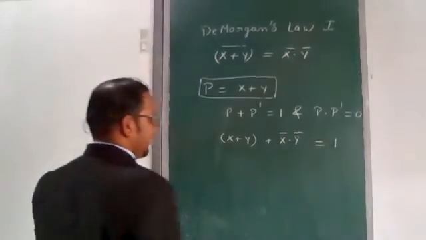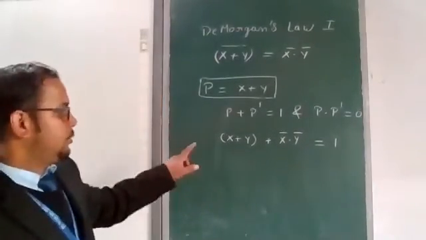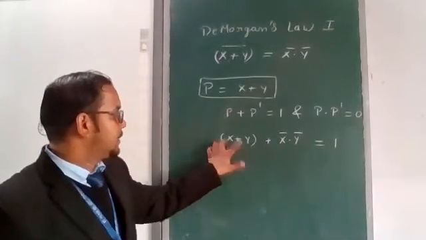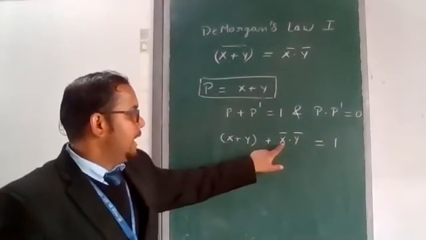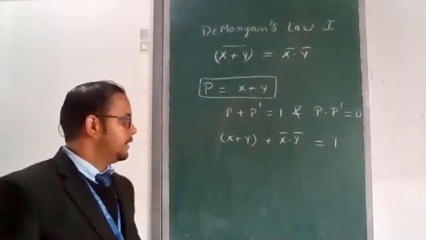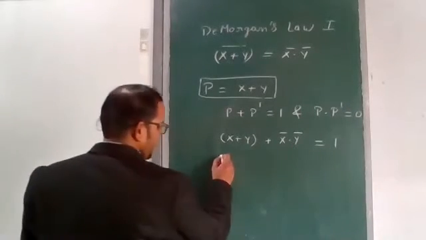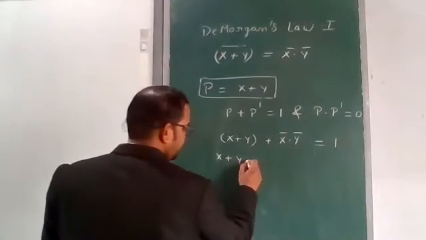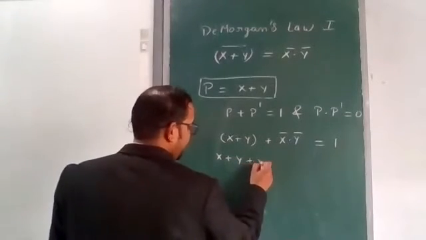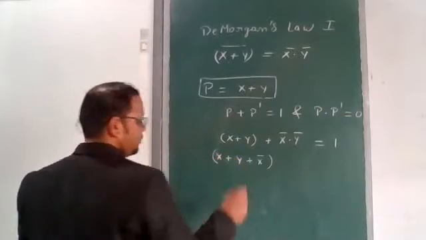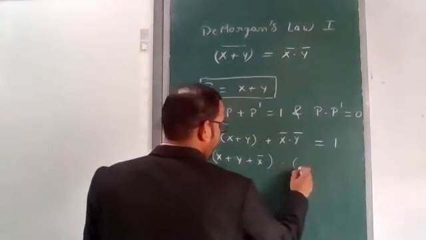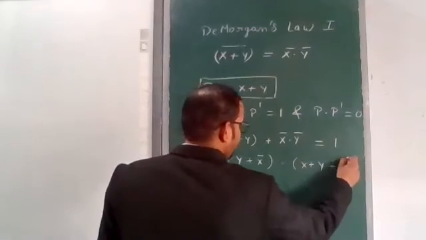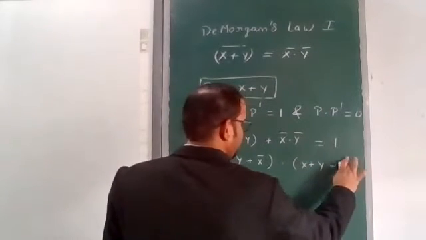Now solve this by using the distributive second law. X plus y, this is the first value of p, plus x complement dot y complement. By using the distributive second law, it becomes (x plus y plus x complement) dot (x plus y plus y complement).